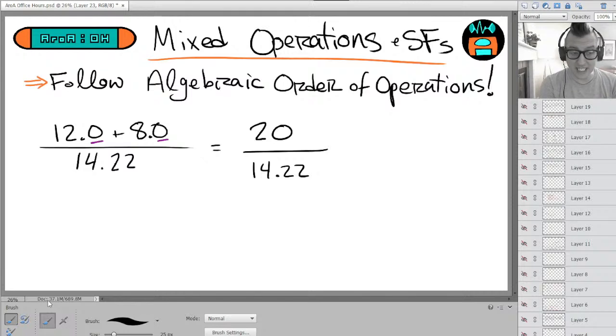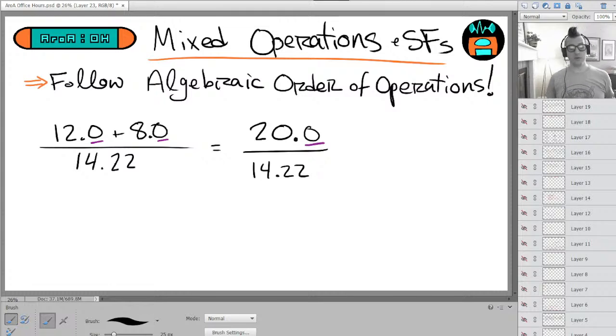They both have their last significant digit in the first decimal place. That means that our answer must have its last significant digit in the first decimal place. So 12.0 plus 8.0 is not 20, it's 20.0. We need that significant digit in the first decimal place.